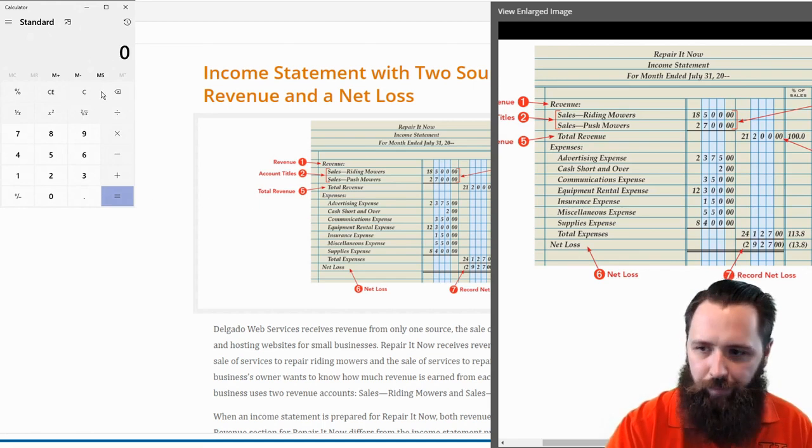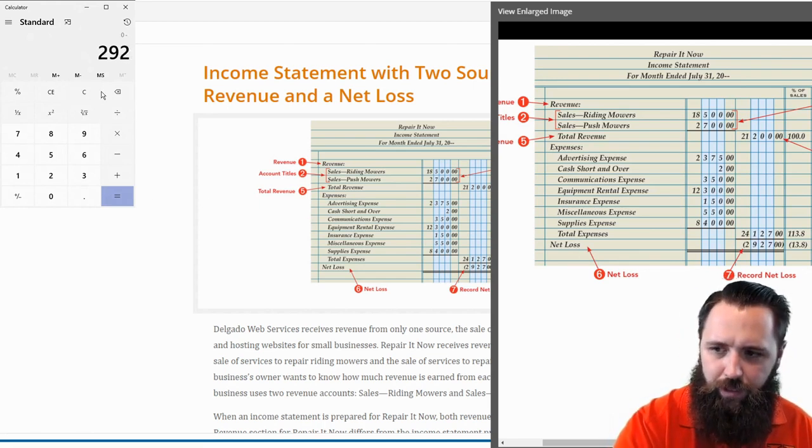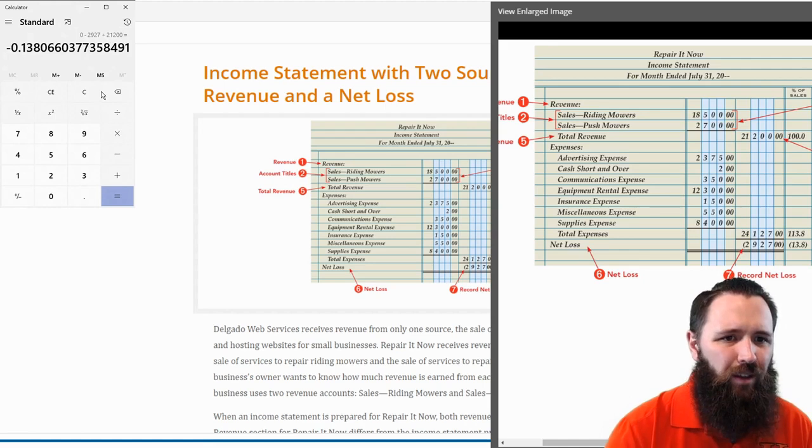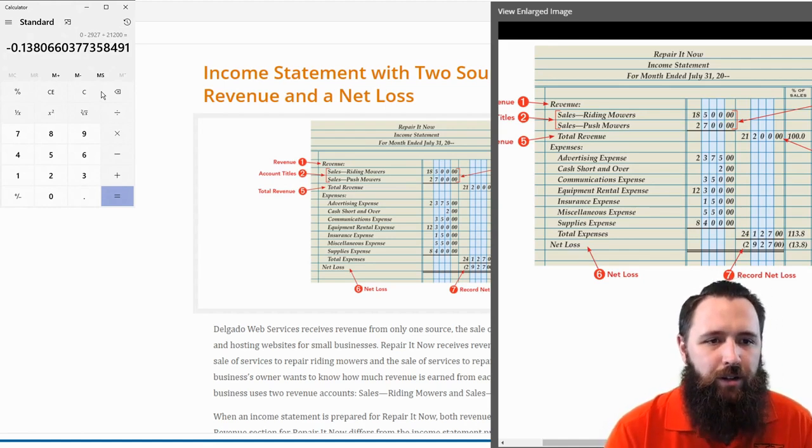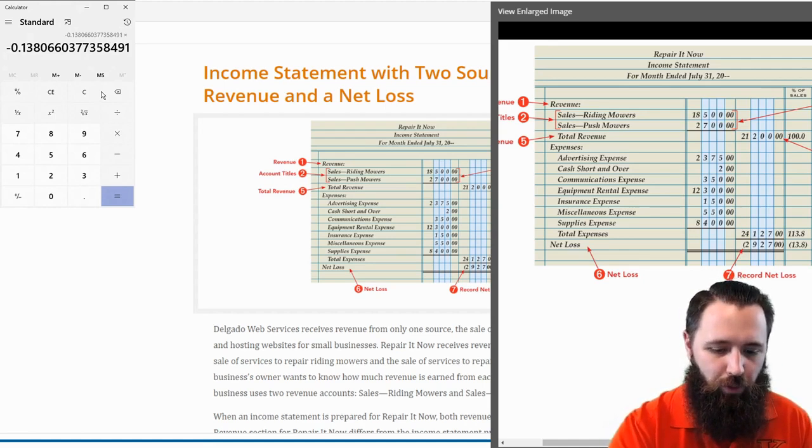Now, if I did a negative 2927 divided by 21,200, then it's just a negative 13.8.